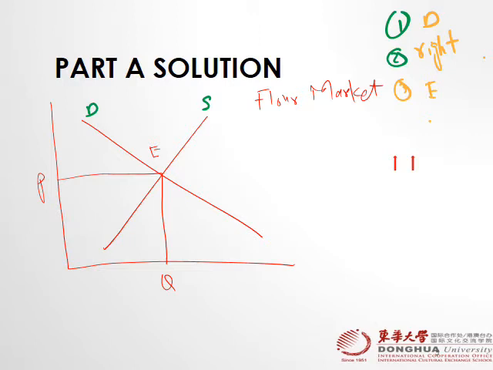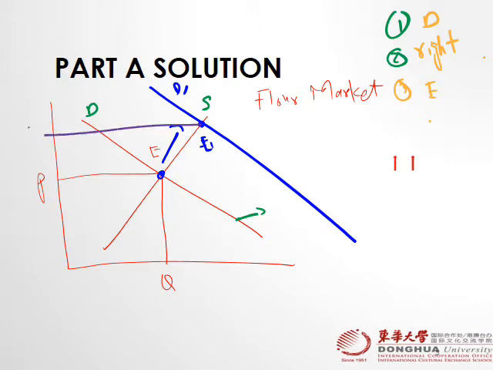So let's do that. This is a case of demand shifting to the right side. So we're going to have a new demand curve, this one. And what is the new equilibrium? This one, right? The new equilibrium shifted upward. On this new equilibrium, this is the price, this is the quantity, right?